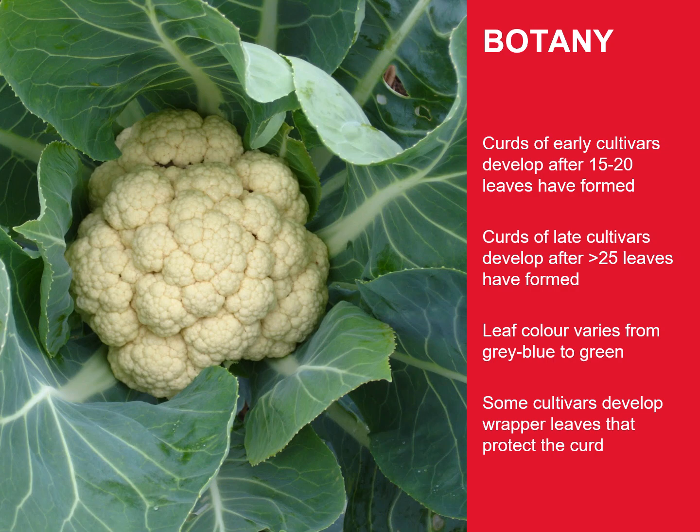Curds of late cultivars will develop after around 25 leaves have formed. Leaf colour varies from greyish blue to green, and some cultivars develop wrapper leaves which protect the curd, wrapping around the head of the cauliflower, similar to the wrapper leaves of cabbage.